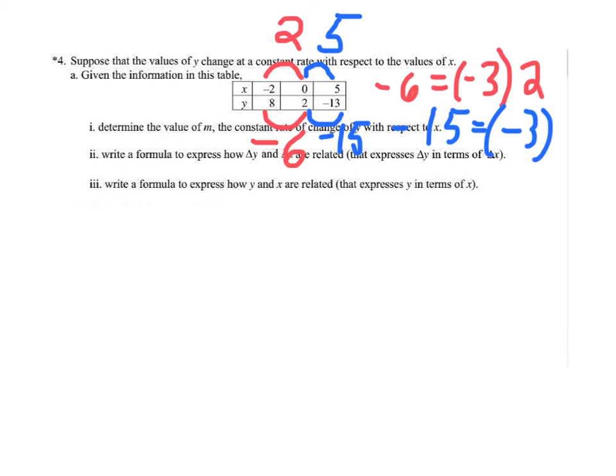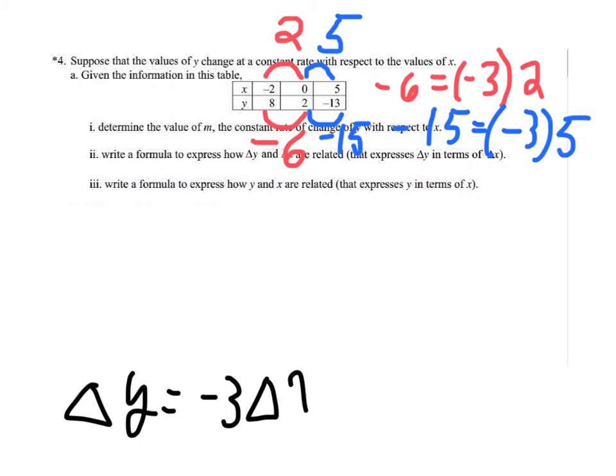So it looks like the constant rate of change, m, in this problem is -3. And we can write a formula to say the change in y equals -3 times the change in x. We have a formula for expressing delta y in terms of delta x now.